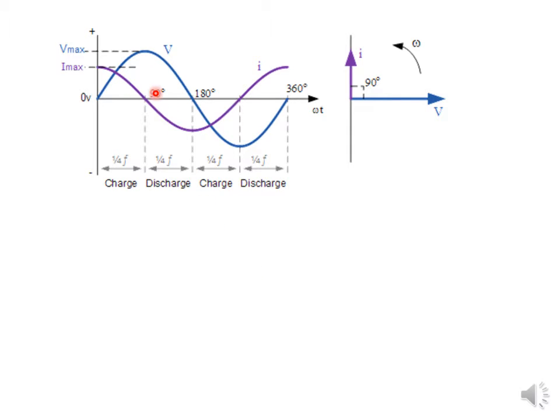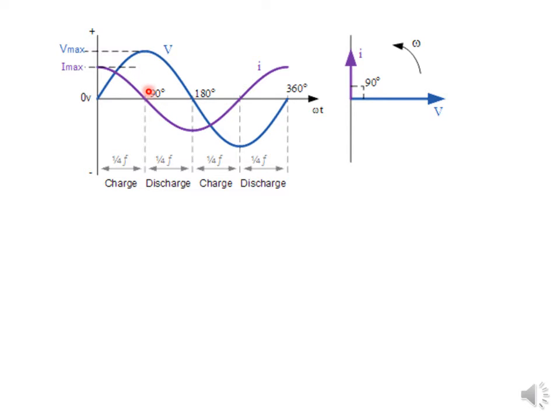Here we have two graphs, one in blue, which indicates the potential difference between the plates of the capacitor, and the other in violet, which indicates the current passing to the capacitor. We observe that in the beginning the potential difference between the plates of the capacitor is zero and the current is high, so the capacitor starts charging till the potential difference between the plates is maximum.